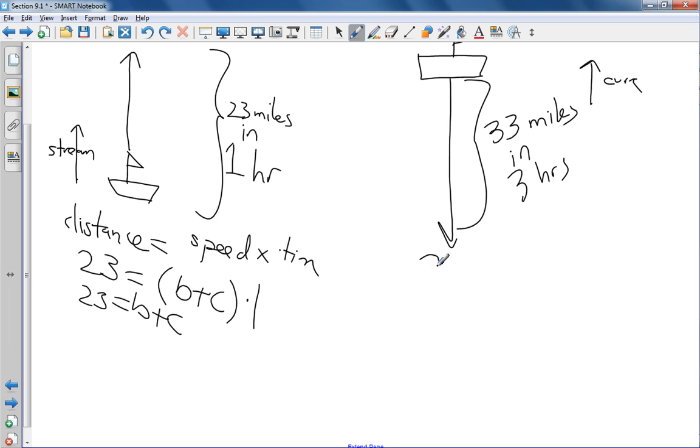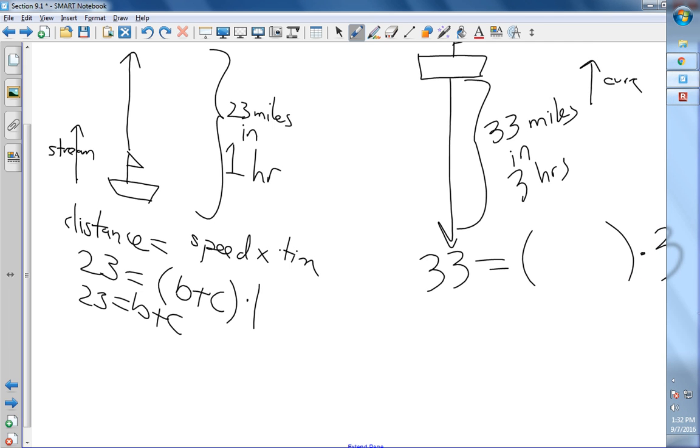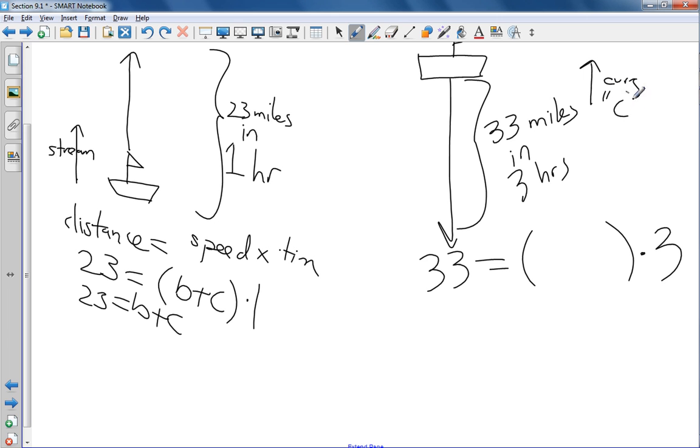How about this one? Your distance is 33. You traveled 3 hours, but what was your speed? It's not B plus C. It's not 3B plus 3C. Why are you adding boat speed and current speed? Current speed is C. Boat speed is B. Why are you adding them? Are they in the same direction? You're against the current.